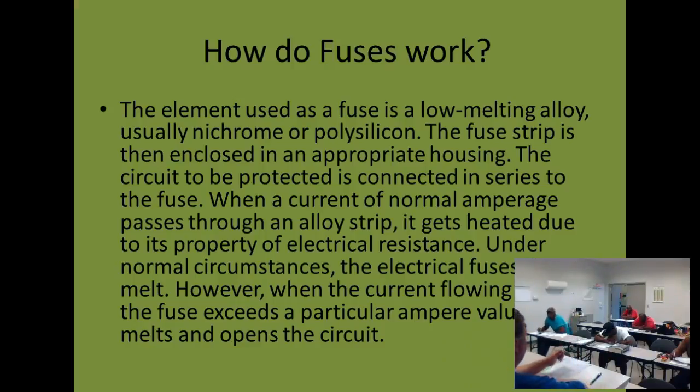Okay? Now they continue on here. It says checking of fuses is best done by means of an ohmmeter. With the disconnect switch open, measure the resistance of each fuse. A reading of 0 resistance on the ohmmeter indicates that a fuse is good.